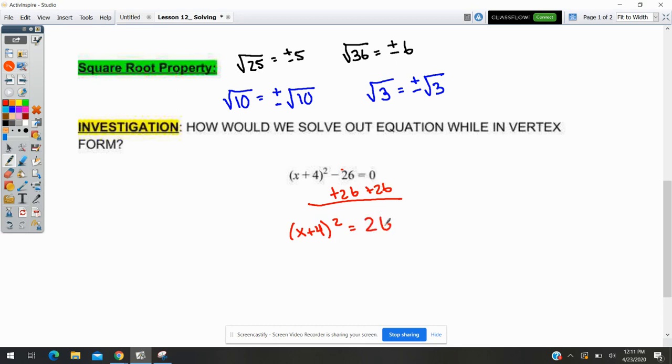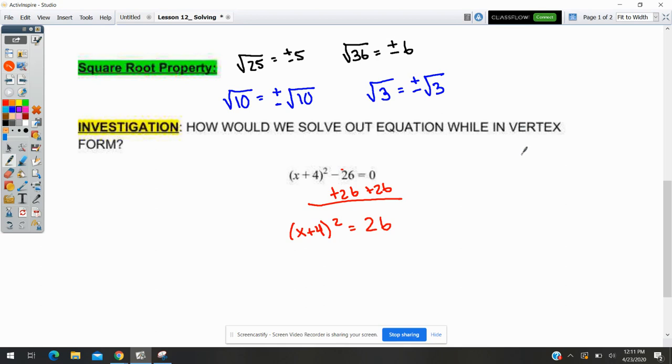positive 26. Now the issue we run into is that we have this exponent of 2. Thinking back to maybe literal equations, how do we get rid of an exponent of 2? What is the inverse? You might be thinking it: we have to take the square root.